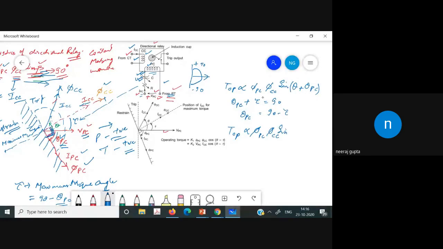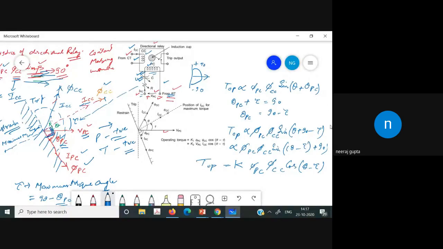Then substitute the value of theta in that, that is theta plus 90 minus tau, and finally we are getting phi PC, phi CC, sine of theta minus tau plus 90, which is equal to K. That is, T operating is equal to K theta PC, phi PC, then we have phi CC and cos of theta minus tau.